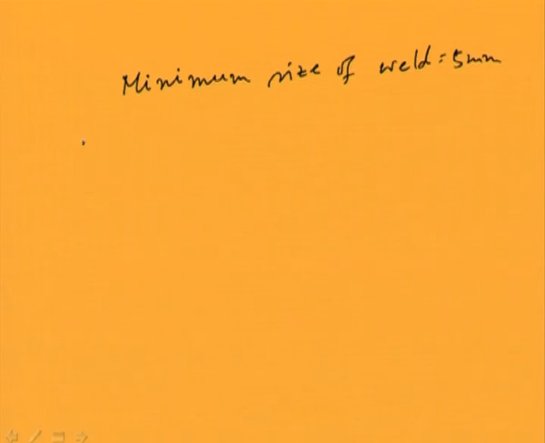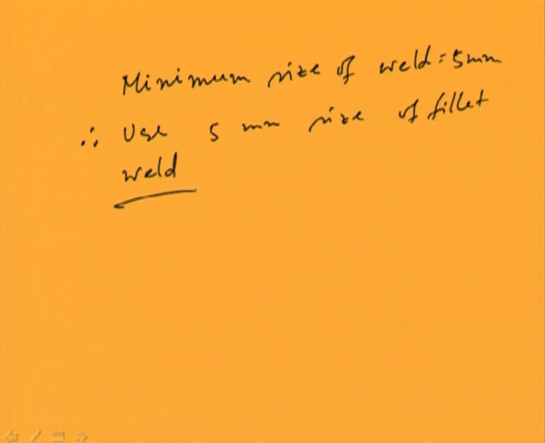So, let us use 5 mm size of fillet weld. That means from the calculation of the load, the size of the weld we are going to get is 3.2 mm, but the minimum size of the weld is 5 millimeter as per the codal provision.